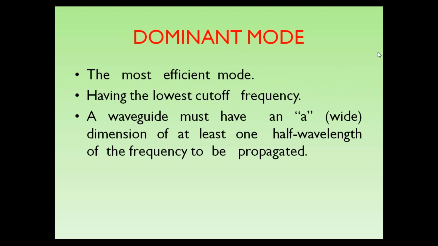The most efficient mode of operation is called the dominant mode, which has the lowest cutoff frequency, and this waveguide should have a wider dimension A, of at least half a wavelength of the frequency to be propagated, for maximum efficiency and lower cutoff frequency.